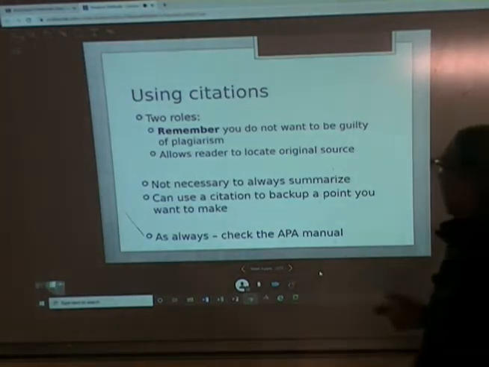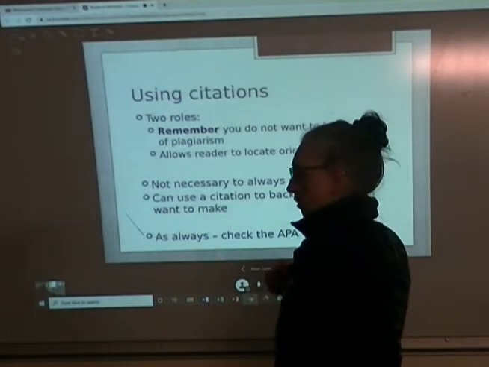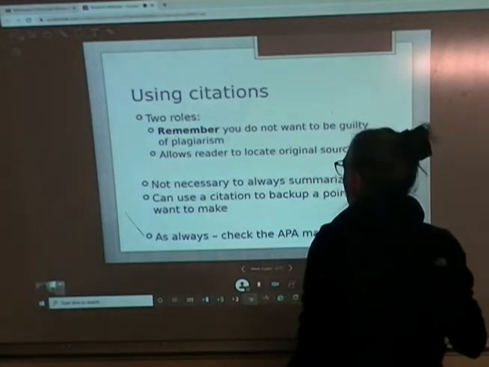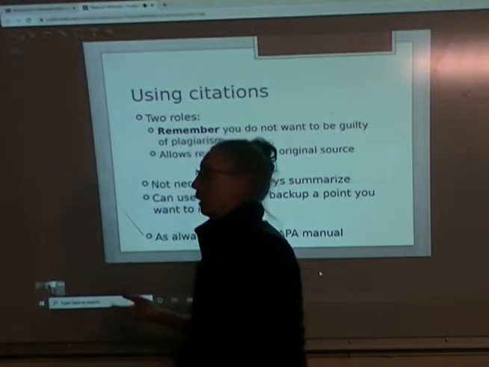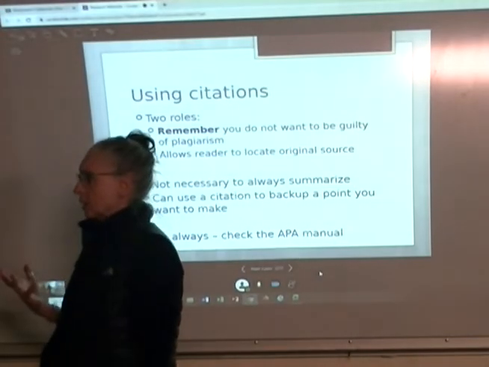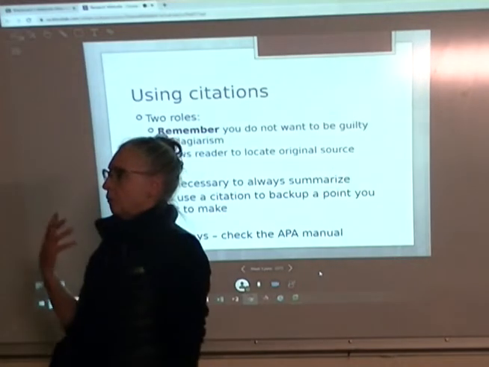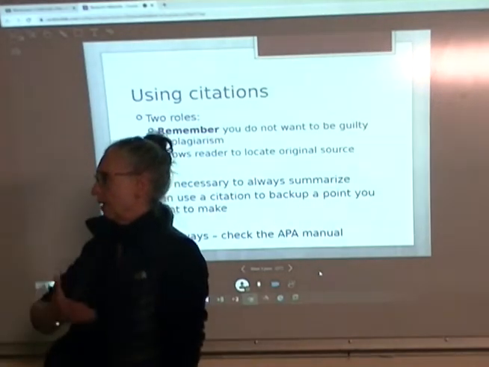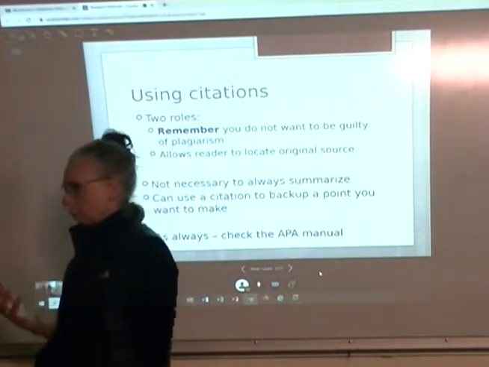Okay, so why do we use citations in the body of the work? All right, so the first one is to make sure that you can't be accused of plagiarism. And we talked a little bit about the severity of that accusation, and both your textbook and the APA manual talk to you about the problems around plagiarism.